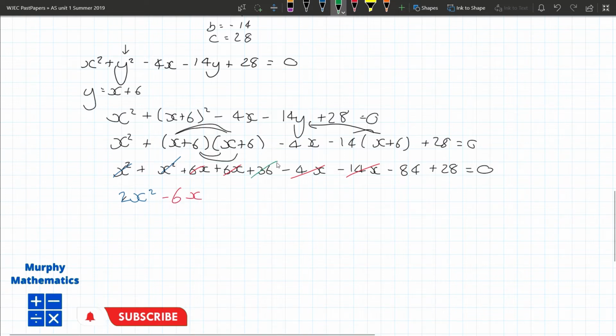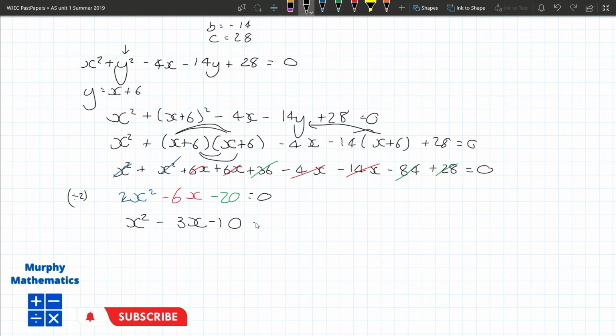And I've got 36 minus 84 plus 28, which I'll put into a calculator quickly, which gives me minus 20. And all that equals 0. I can see I've got a factor of 2 in here, so I'm going to divide everything by 2. So I've got x squared minus 3x minus 10 equals 0.